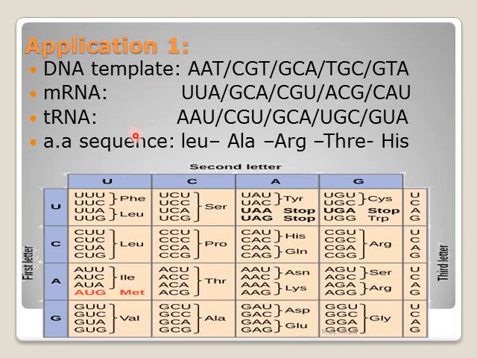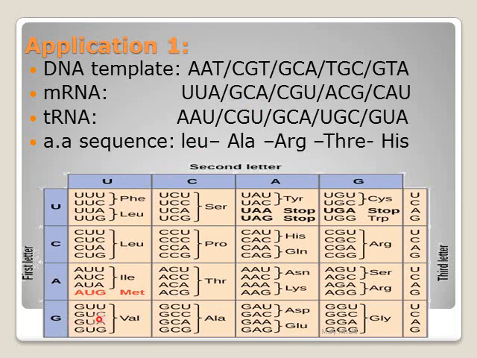Let me go to the genetic code table. This is the genetic code table. The first one is UUA. It's U, and here is A, so try to combine the three letters together. So the amino acid is leucine. The second codon on the messenger RNA is GCA.